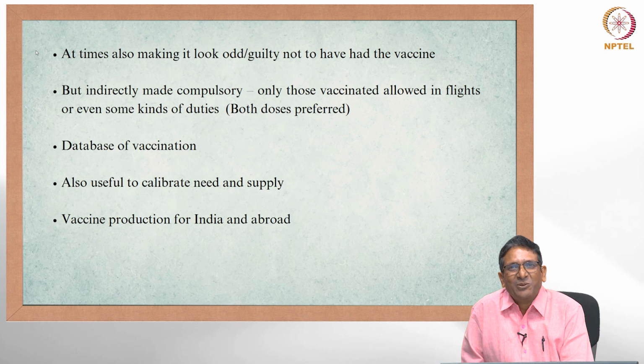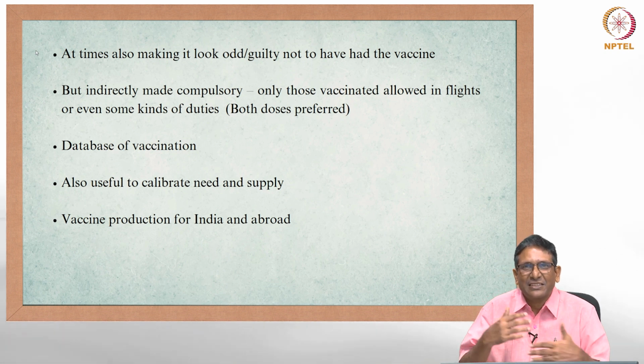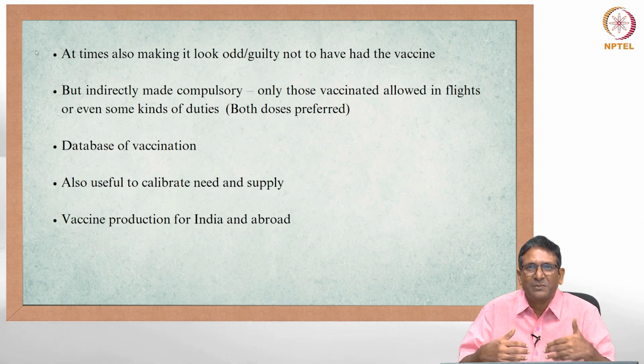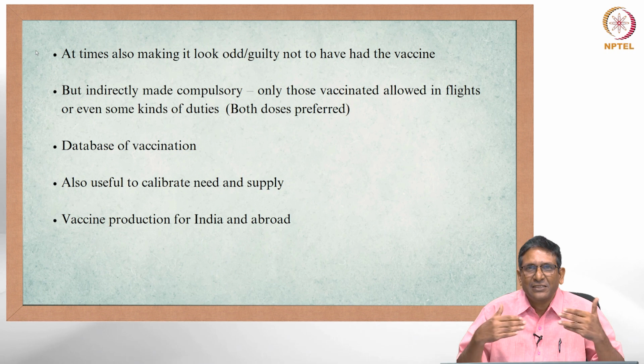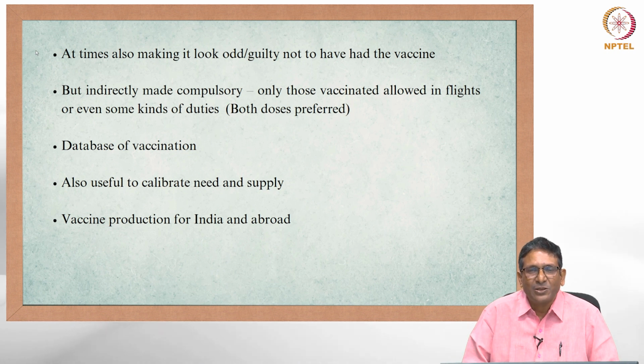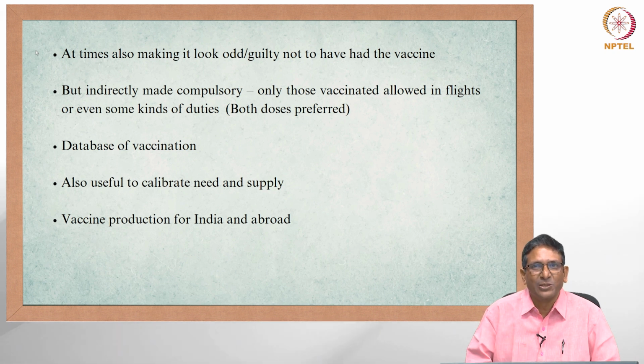And of course, there are other ways in which it was made compulsory. For instance, only those who were vaccinated were allowed. When lockdown was being relaxed and travel resumed, it was mandatory in most places that people boarding flights or trains should have vaccinations, or at least one dose.